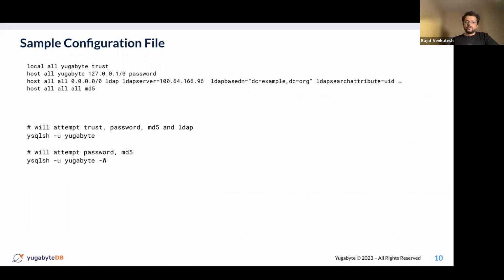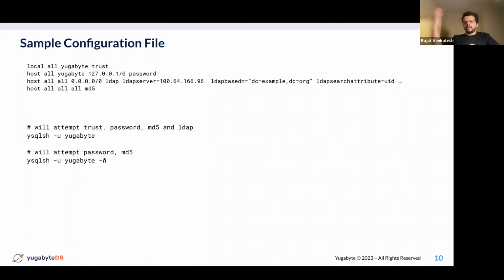So if you notice, 4 rules are applicable to the Yugabyte role. For example, if we run ysqlsh -U yugabyte and do not specify any methods, all the 4 rules might be applicable, and it might try all of them to successfully log in. Similarly, if we specify the -W option to say I want to specify a password, then 2 of these methods are applicable, password and MD5, because the other 2 do not involve a password.